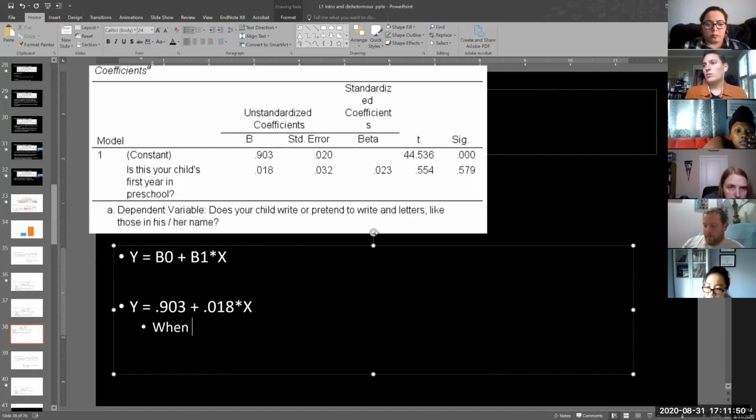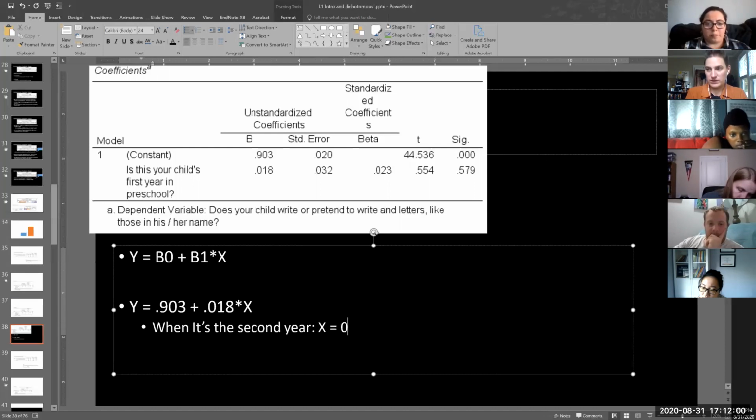When it's the second year in preschool, x is going to be equal to 0. When it's the first year in preschool, x is equal to 1.